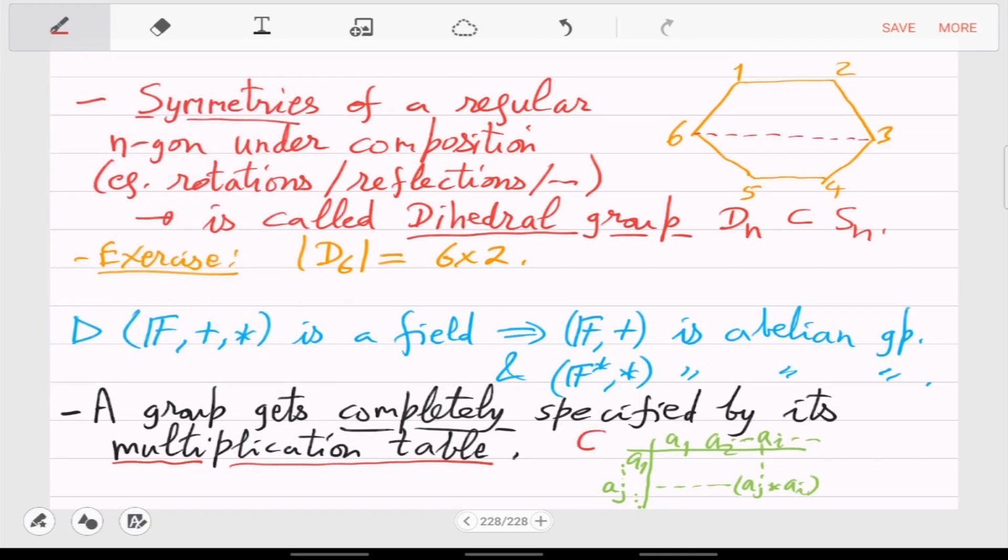But is this table, is this matrix an arbitrary one? I mean, are the entries correlated somehow or are they completely different? So for example, when you see any row of this table, what is the property of the row? Do you see all the elements? Or can some element of group G be missing? So let's write some properties of this table.